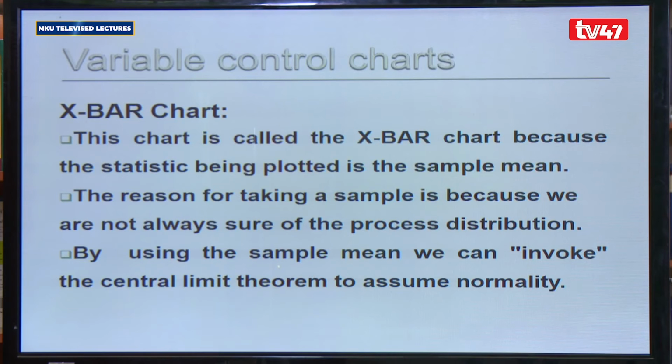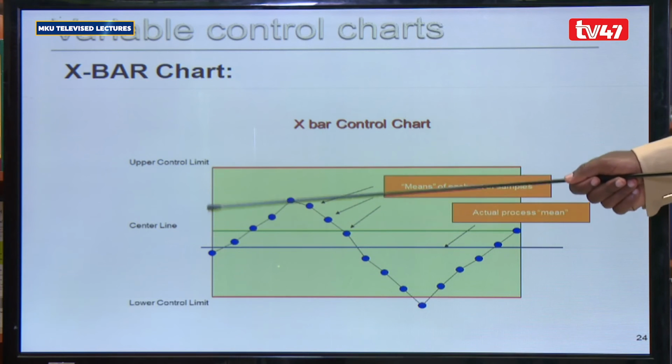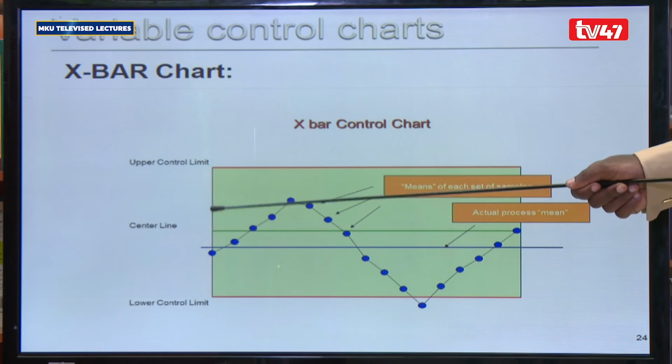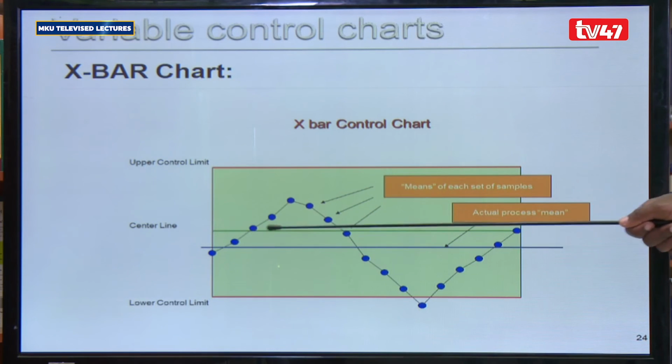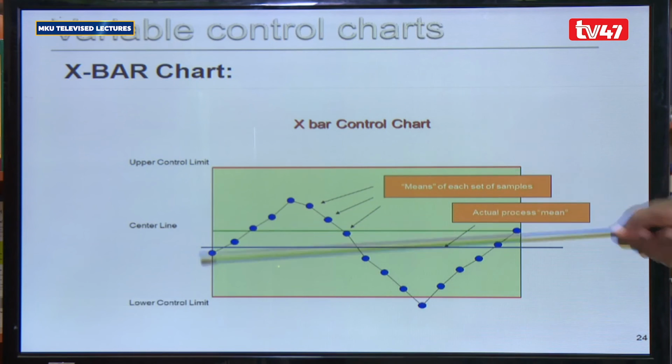Maybe to give you a picture of what we intend to have, so we have the center line here. This is our X bar chart. This is our x-axis, and this is our y-axis.